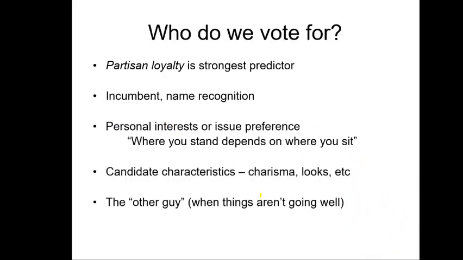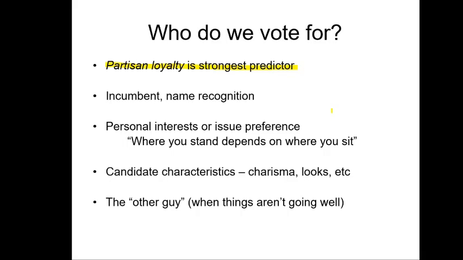All right, so let's talk a few minutes about who do we actually vote for. Now we do know that partisan loyalty, the loyalty to the Republican Party or the loyalty to the Democratic Party, is the strongest predictor of who votes. We already know through decades of research that about 2/3 of Americans are going to vote for that party no matter who the candidate is.